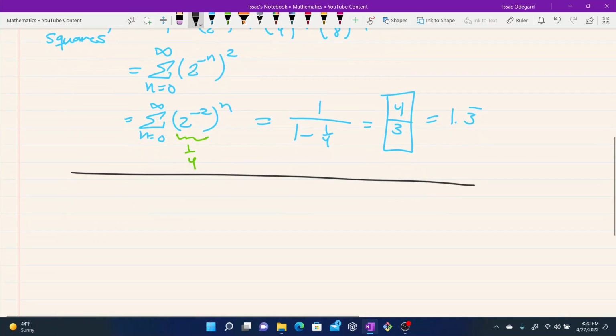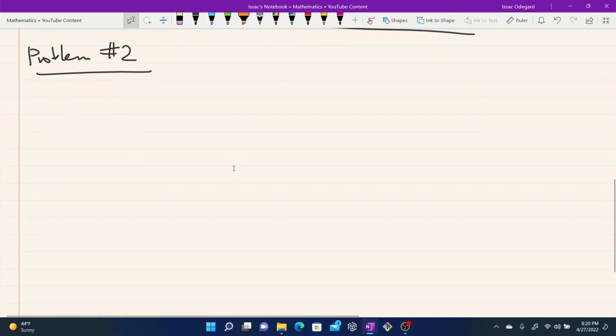That's our final answer for this first problem. Okay, I want to give you two more of these. So problem 2. And these are somewhat advanced or a little more interesting geometric series problems. So the next one is: find r in the interval of convergence, which will be -1 to 1.